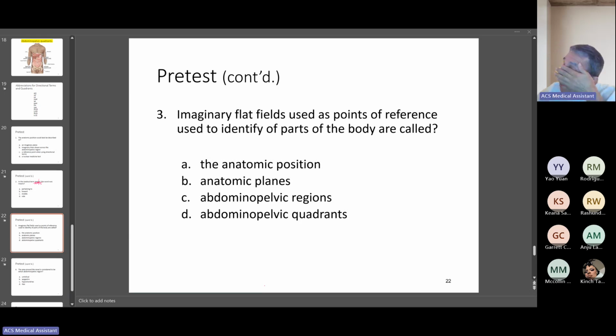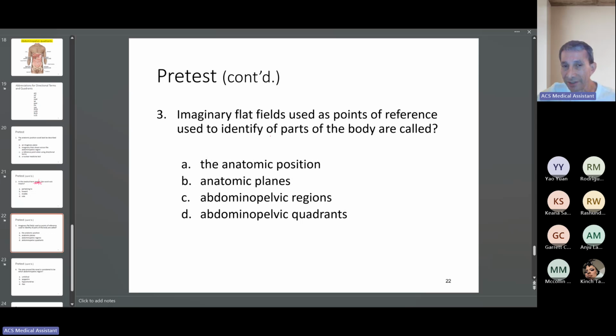If you got B, that is the correct one. Now, let me explain why this is a little more tricky than the other ones. Be careful with this. Remember, the only ones that have imaginary lines that divide the body into left and right, superior, inferior, are the anatomical planes. The quadrants do not have imaginary lines. We know where the lines go and they divide in quadrants.